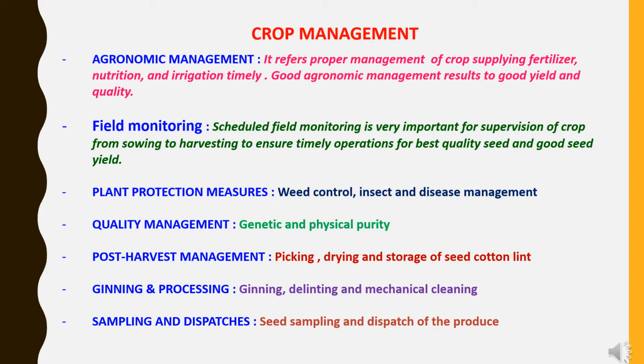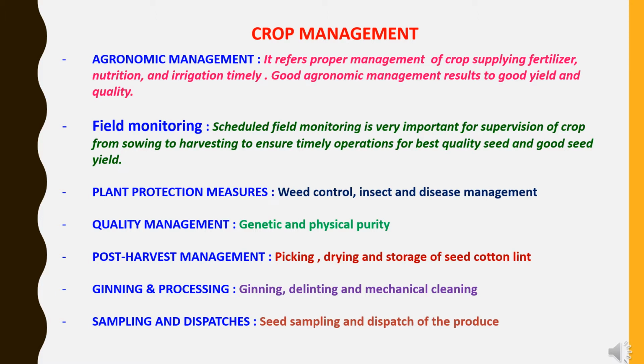Now to study crop management in cotton hybrid seed production. It can be described as agronomic management, which refers to the proper management of crop, supplying fertilizers, nutrition and irrigation timely. Good agronomic management results in good yield and quality. After that, field monitoring.